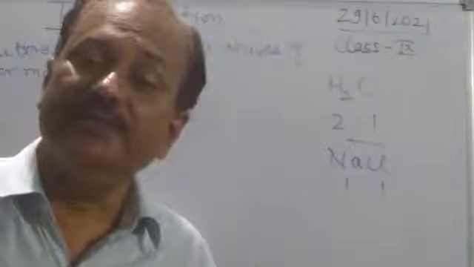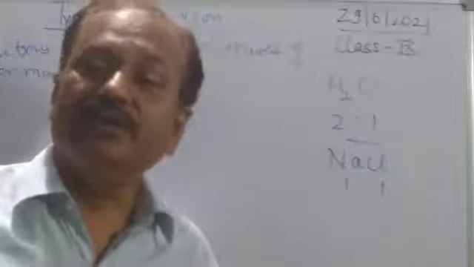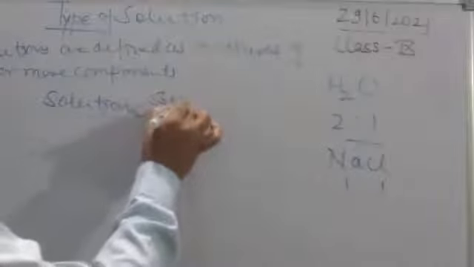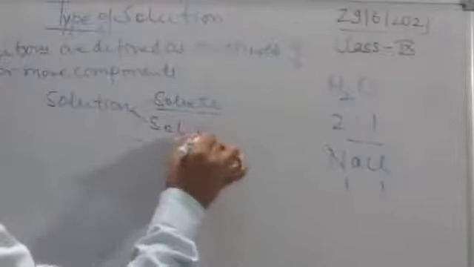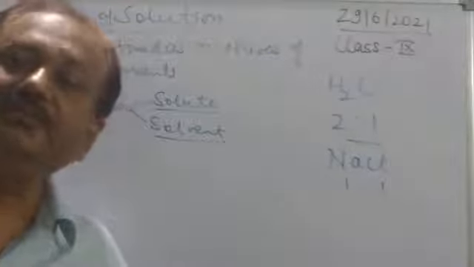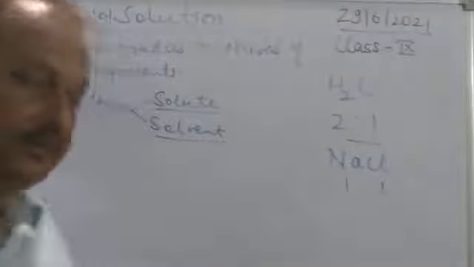They are called solute and solvent. So any solution, children, is made up of two components: first is solute and second is solvent.